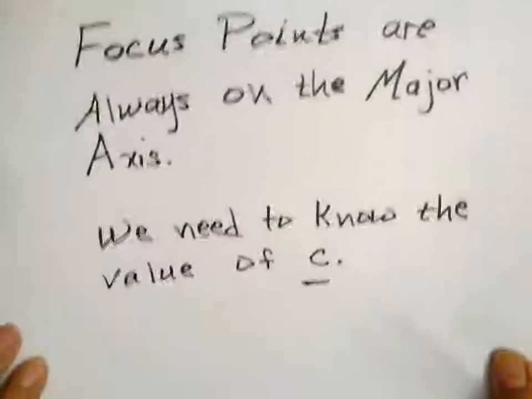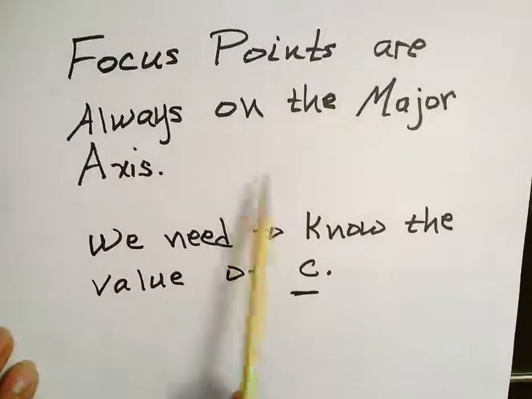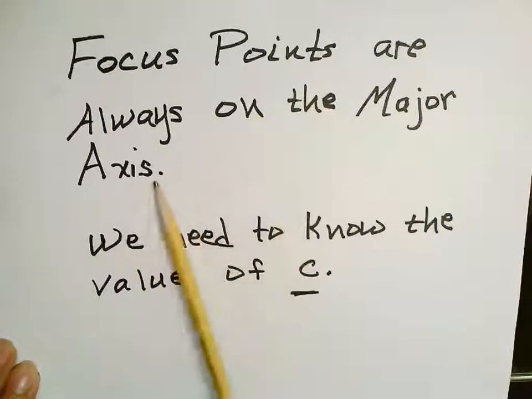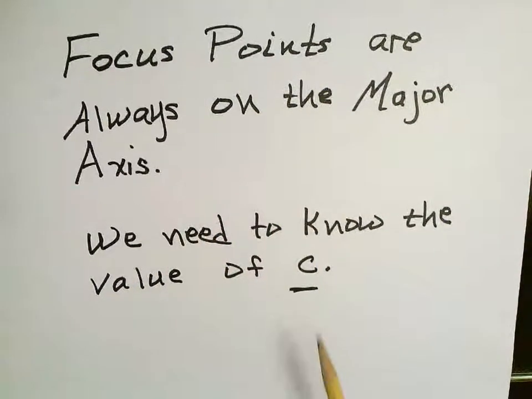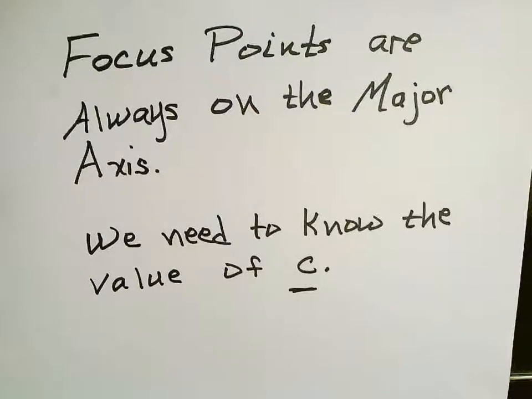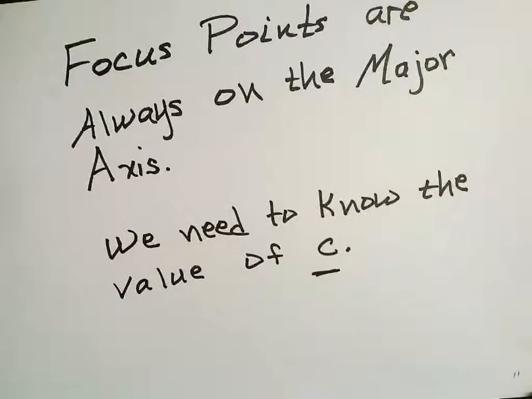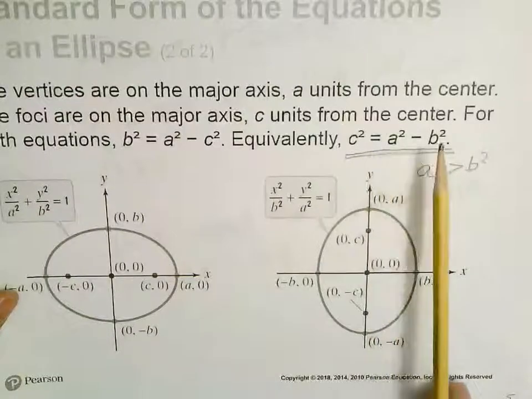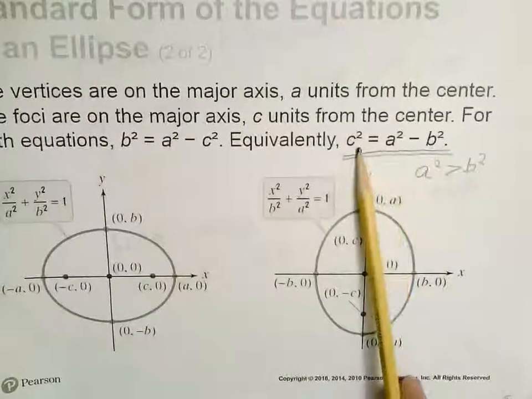Now we've got to find the focus points. Remember that the focus points are always on the major axis, and in order to find them, we have to find the C. Let me go back to our review. Remember that C squared is always equal to A squared minus B squared. This is just for the ellipse.